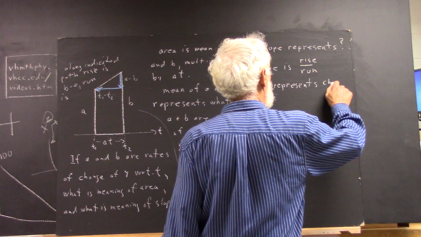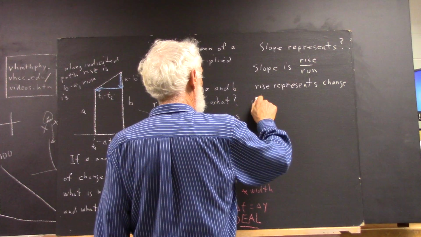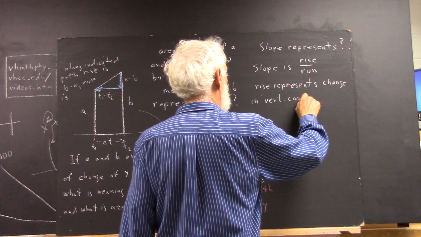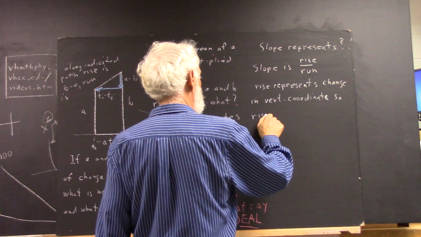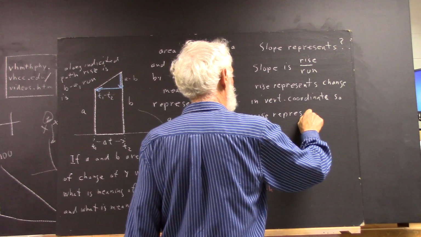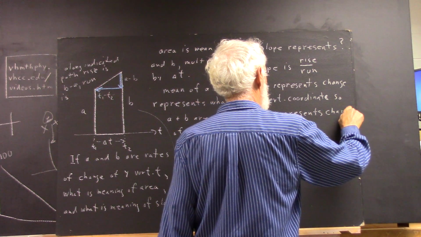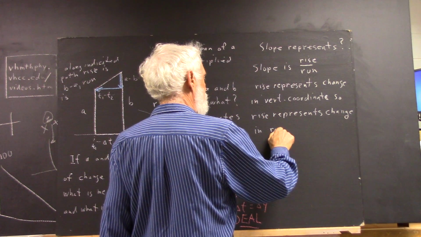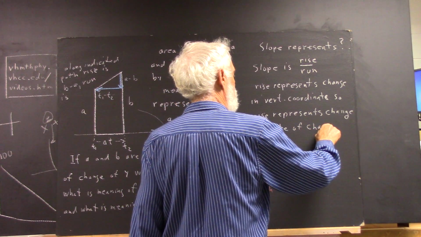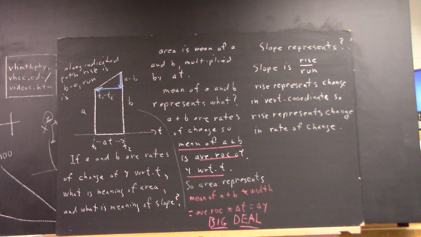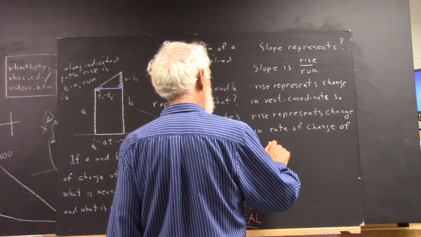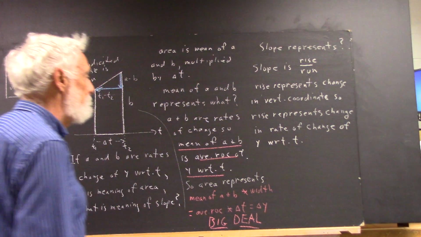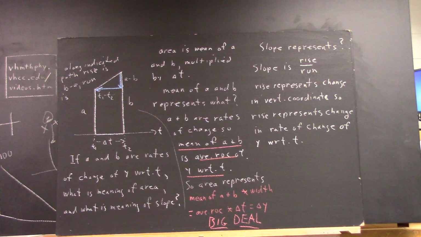The change in the vertical coordinate, so rise represents change in the rate of change of y with respect to t. Okay?